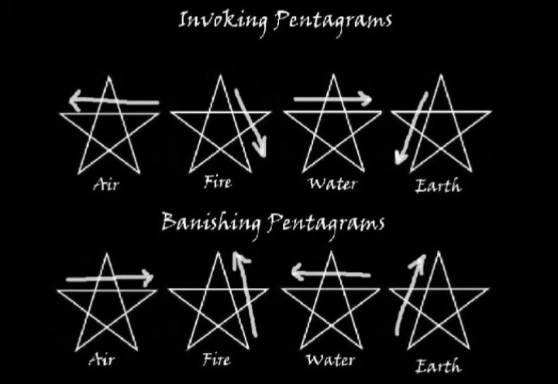Basically, you go to the four corners of your house and use the protection of earth to banish negativity out of the four corners of your workspace while you cast the circle. And there's other things there.